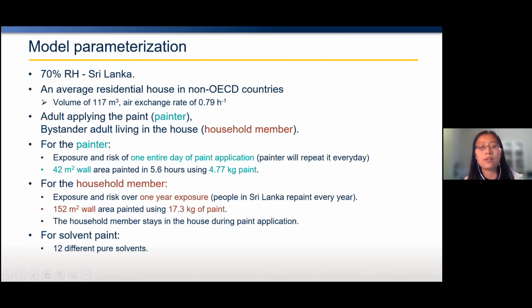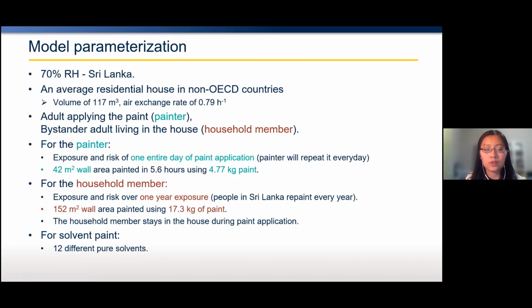For the model parameterization, we assume 70% relative humidity corresponding to the Sri Lanka weather. And we model an average residential house in non-OECD countries. We model 2 adults. One is the adult applying the paint, that's the painter. And the second is the bystander living in the house, that's the household member. For the painter, we estimate the exposure and risks of one entire day of paint application.